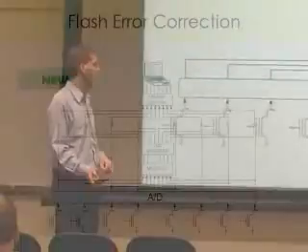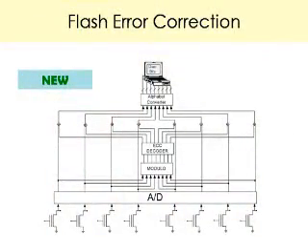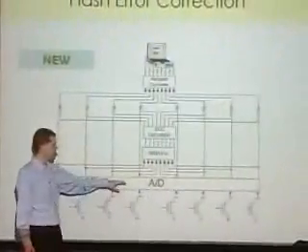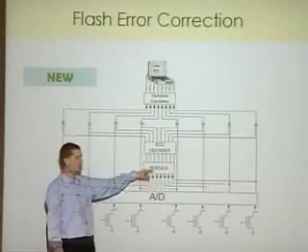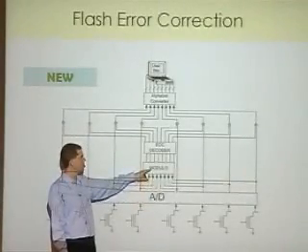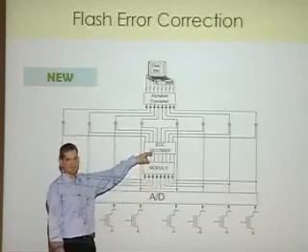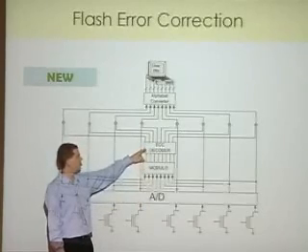Now, what we propose is only slightly more complex. You have the same Flash and A to D here. Now you have an additional step. You take the modulo of what you read. You apply a decoding of the error correcting code.